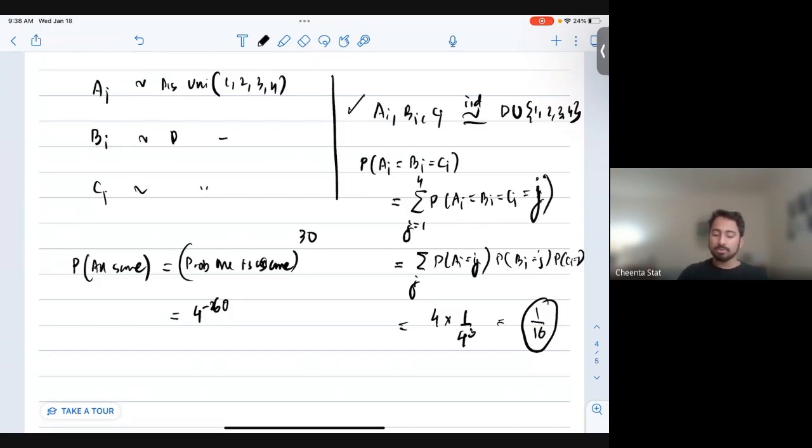This probability is the probability Ai equals j, and Bi equals j, and Ci equals j, which we split up because they're IID. Each is 1 by 4, so it's 1 by 4 cube, and the sum is over 4 options, so 1 by 4 cube into 4, which is 1 by 4 square. For all 30 questions to be the same, the probability of the first being the same times the probability of the second being the same, and so on, because all the questions are answered independently. Therefore it's 4 to the power minus 2, to the power 30, which is 4 to the power minus 60. Okay, got it? Yes, sir.